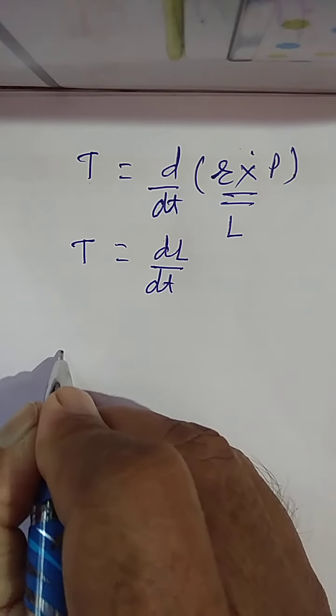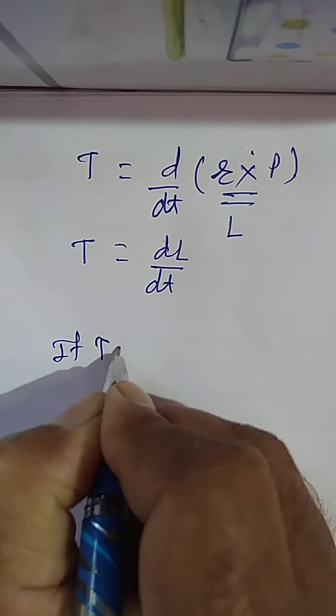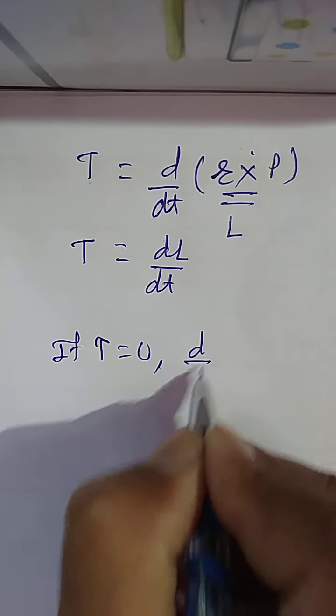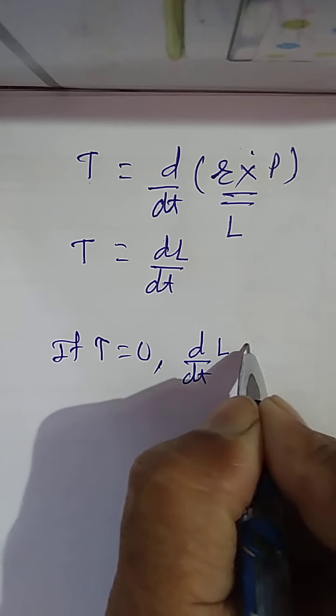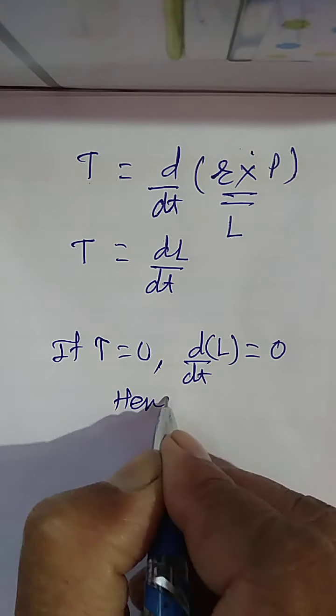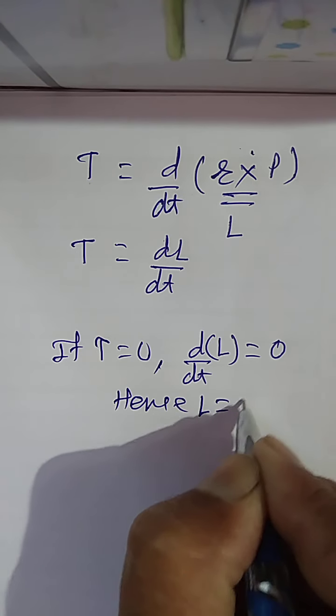If tau equal to 0, then d by dt of capital L is also 0. Hence, capital L equal to constant.